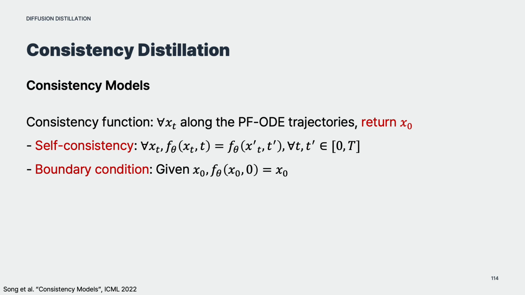The first is self-consistency, which means that for any xt and for any two time steps t and t prime, the model's predictions at these two time steps are identical. The second property is the boundary condition, which states that when the original image x0 is input to the consistency function, it returns the original image itself. From these two properties, it follows inductively and naturally that the consistency function is satisfied.